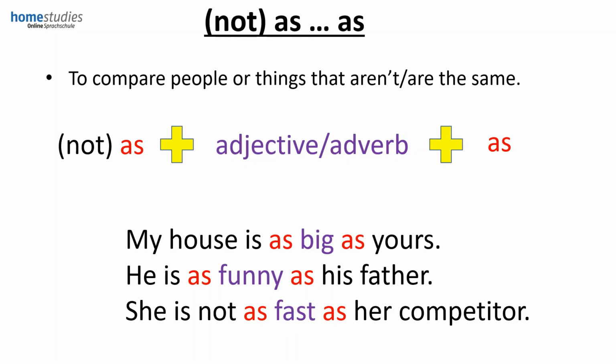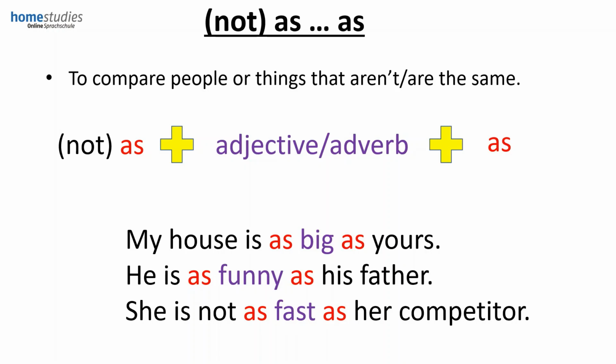So, we're using this structure as plus adjective and adverb plus as, and we can also make this into the negative form as well. Now we're using this structure to compare people or things that aren't or are the same. So, for example, my house is as big as yours.